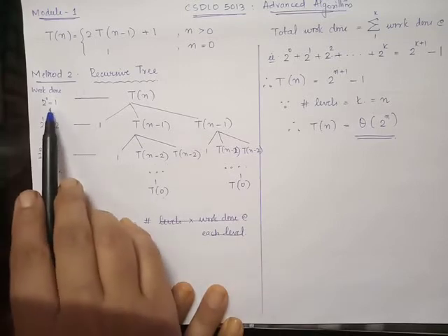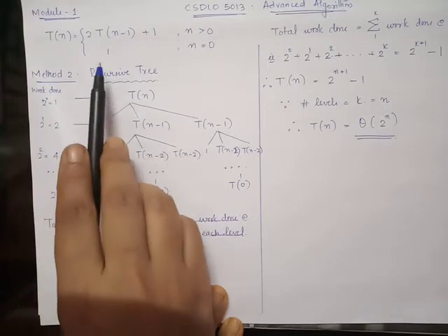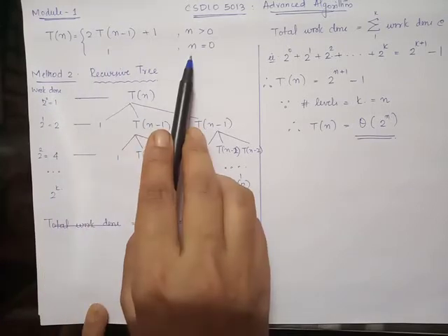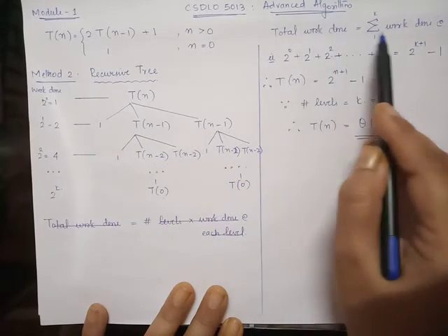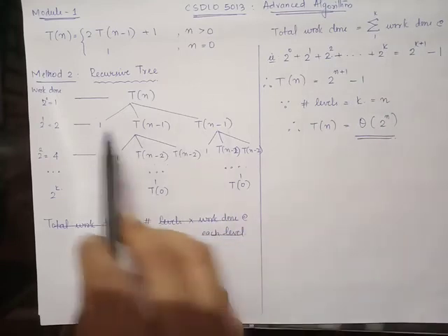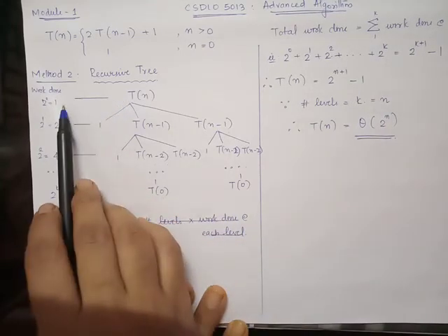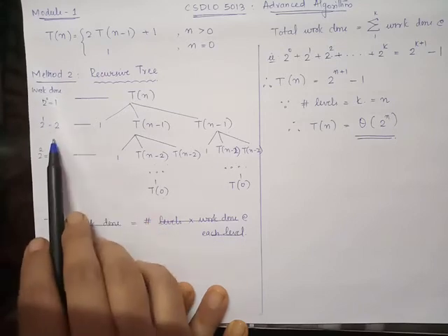Now we are trying to compute the complexity of this recurrence relation. So our main objective is to find out the total work done. For that we need to compute the work done at each level.